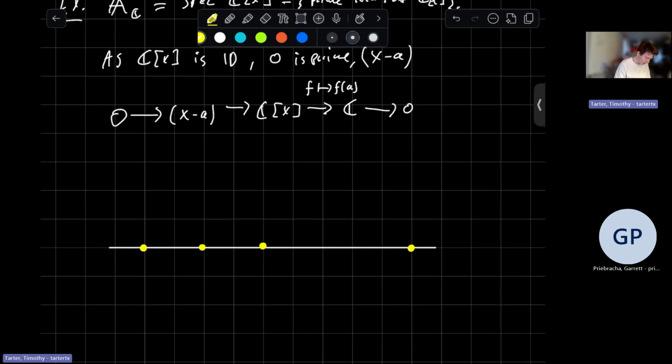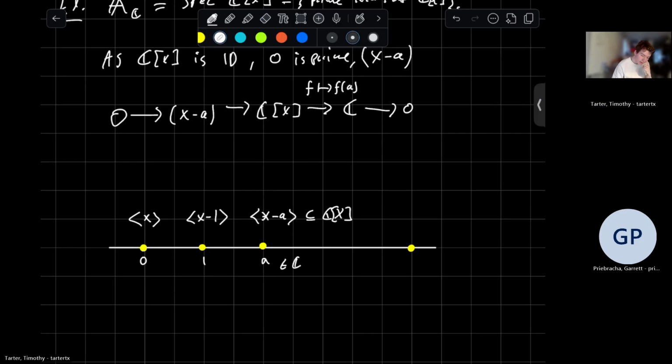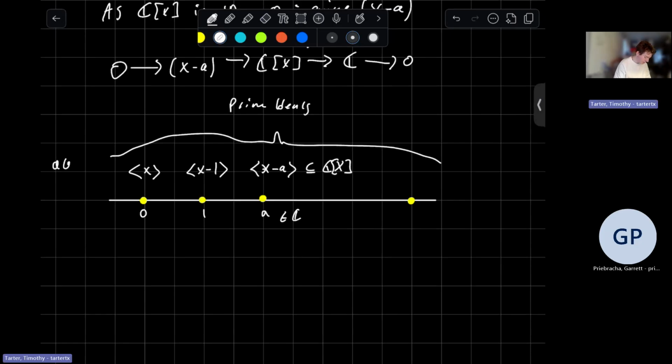So if this is 0, 1, a, in C we have maximal ideals (x), (x minus 1), (x minus a) contained in C[x]. And then on this line, we have all of the prime ideals. This is the algebraic perspective.